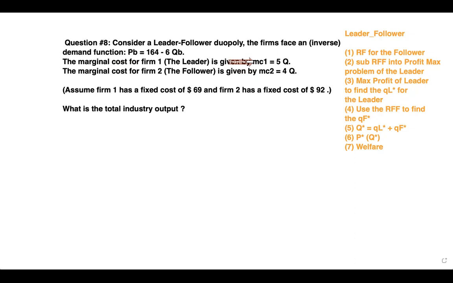I don't know. In this particular problem it's difficult to characterize these things, because the magnitudes of these coefficients, 5 and 4, matter, and the slope of the demand curve affects their decisions too. So I don't know if the leader in this case, even though they have a cost disadvantage, is going to end up producing more of the output for the whole industry.